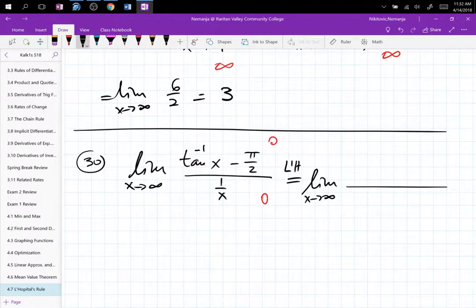So the derivative of inverse tangent is 1 over 1 plus x squared. And what is the derivative of 1 over x? Very good. Great.